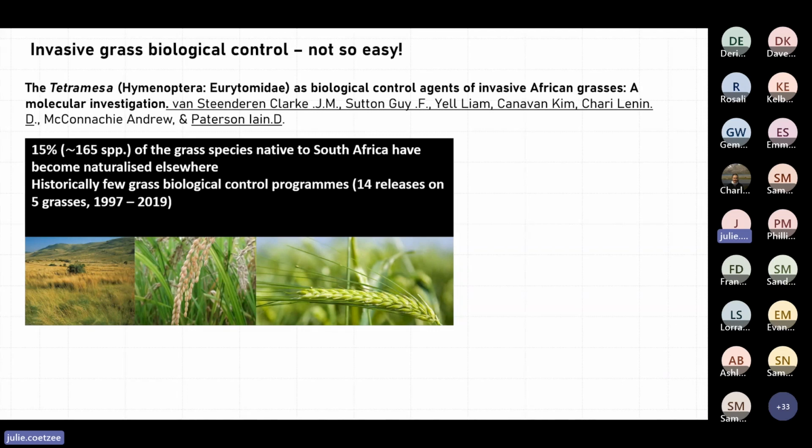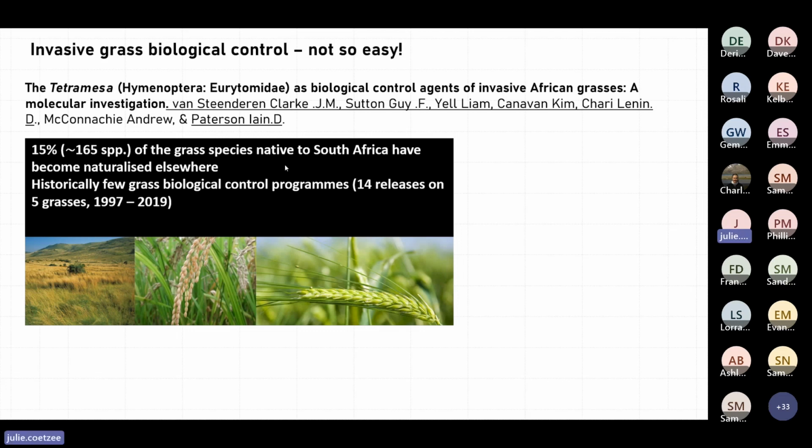I think the thought's always been that fire and large herbivores drive plant population dynamics, but Ian Patterson's group, with Clark van Steenderen and Guy Sutton and Kim and Lennon, a whole lot of his researchers, have dug beneath the surface and found a suite of host-specific wasps. And it's been absolutely amazing to watch them unravel their associations, the genetics of these insects.